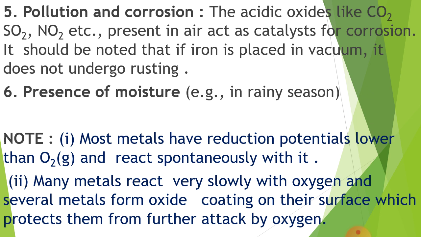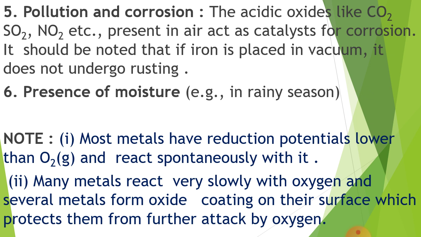Fifth factor, pollution and corrosion. The acidic oxides such as CO2, SO2, NO2 present in the air act as catalyst for corrosion. It should be noted that if iron is placed in a vacuum, it does not undergo rusting. So that means air containing this type of oxide also helps in rusting.